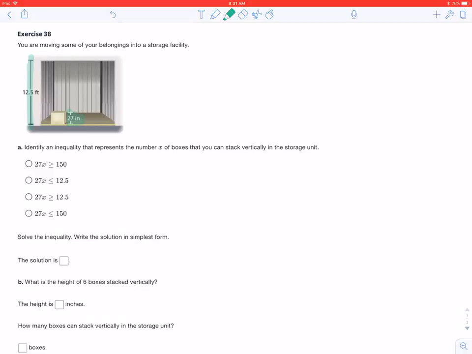And then you're going to figure out how many times can I stack 27 inches, or a box, on top of itself before hitting the roof of the unit. So I'm not going to do 27 plus 27 plus 27. Instead, you can divide it. Once you figure out what 12.5 feet is in inches, you can divide that by 27 inches and determine how many times you can go in there.